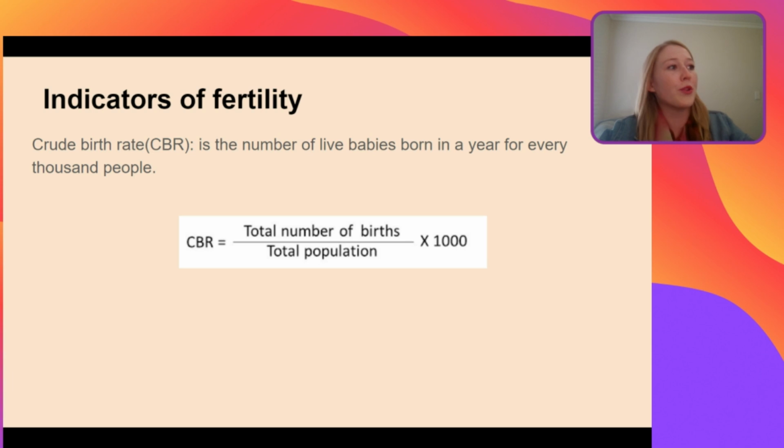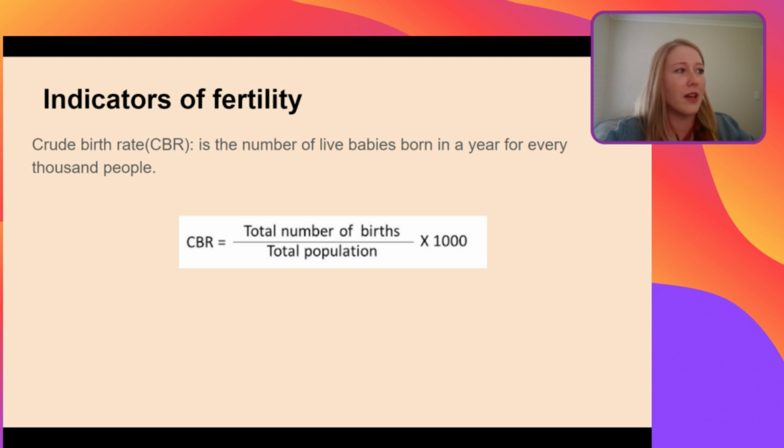So crude birth rate is how many babies are born in a year for every 1,000 people. Now, this is generally of the whole population. When we look at fertility rate, all right, so there's the indicator. There's the formula. Total number of births divided by population times 1,000. It's very rarely that I see students actually needing to know or use this formula.